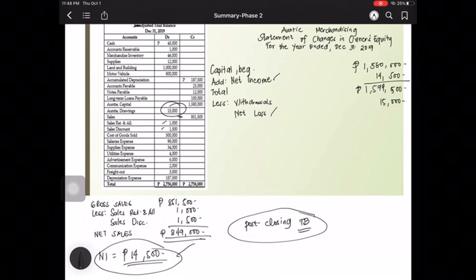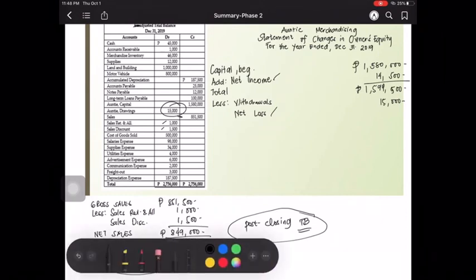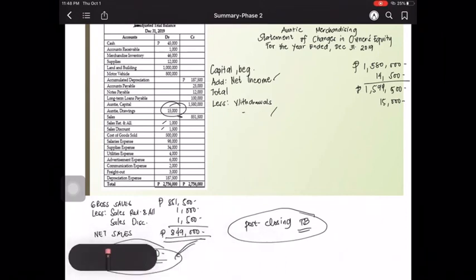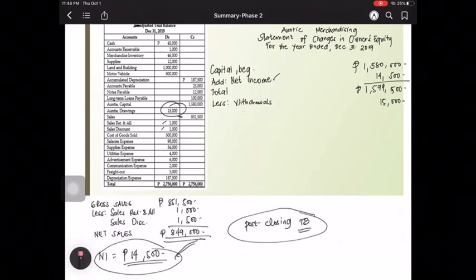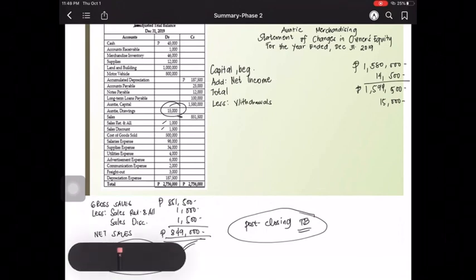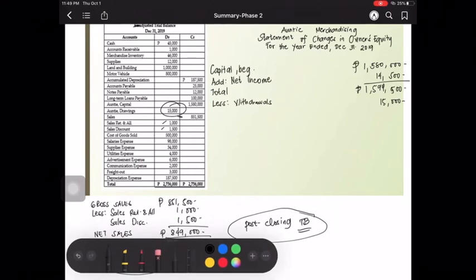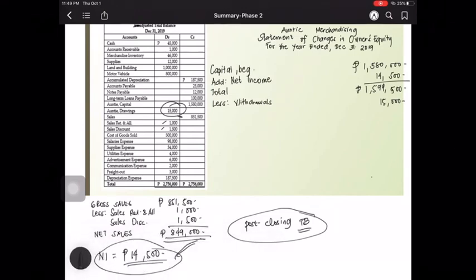So, if in this problem the results of operations resulted to a net income, then necessarily there is no net loss. Therefore, we have nothing to put in your statement of changes in owner's equity as a net loss, because you already have here your net income. So the only amount that must be deducted from the capital beginning is 15,000.